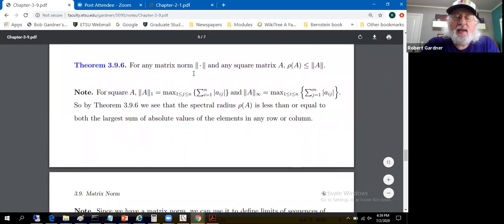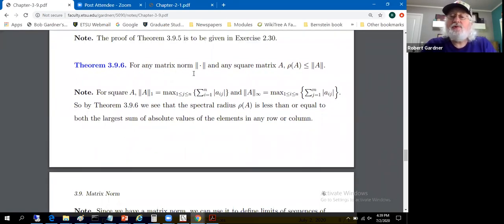Next claim relates matrix norms to the spectral radius. It seems like an odd thing to relate it to, but for any matrix A and a given norm, the spectral radius of A is less than or equal to the norm of A, is the claim.